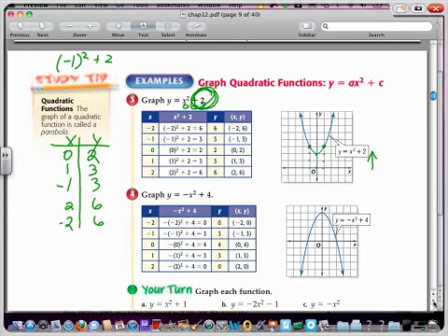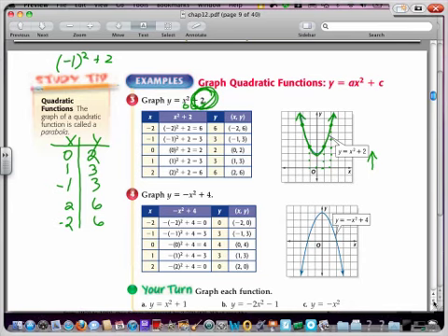Then I've got 2, 6: 1, 2, 3, 4, 5, 6, and -2, 6. And then just make your curve nice and beautiful. Little arrows there. Oh, such a gorgeous looking curve. And there you have it.